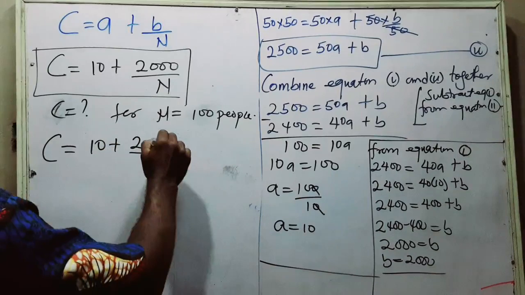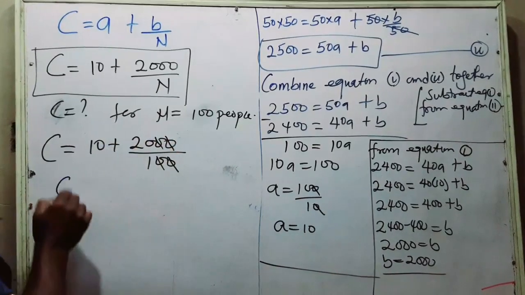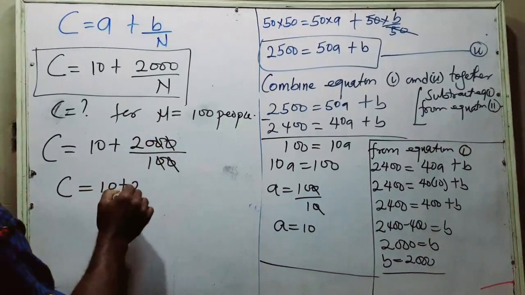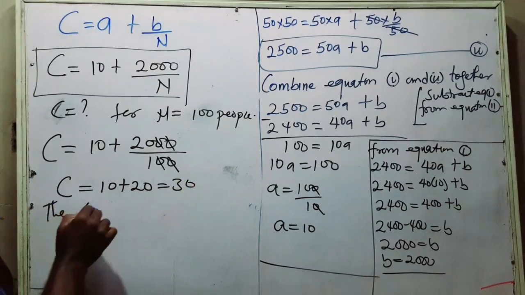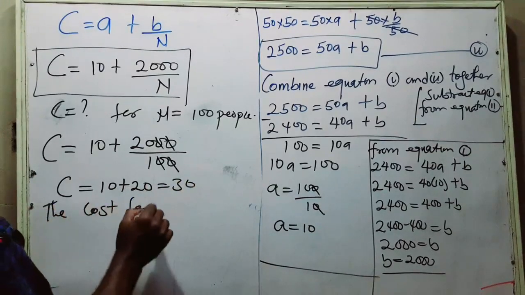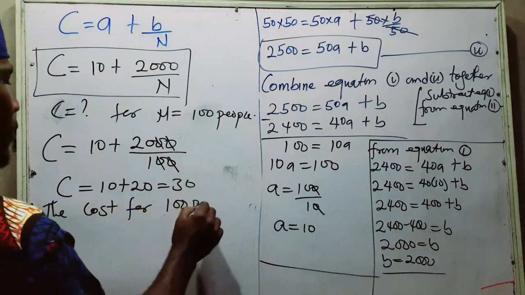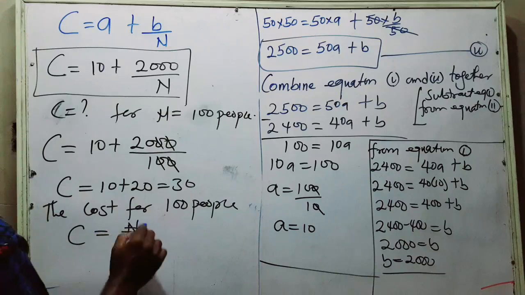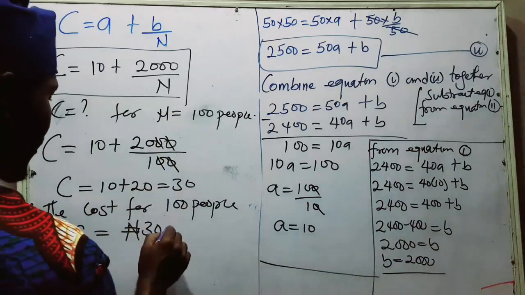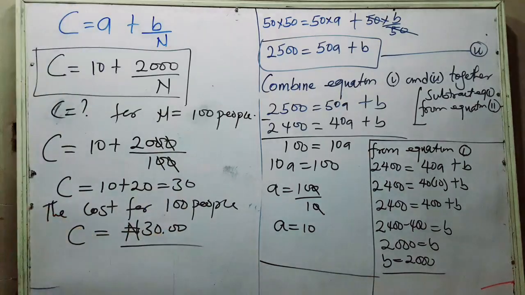So 0 cancels 0, we have C is equal to 10 plus 20, which gives us 30. So the cost for 100 people, which is C, will be equal to 30 naira.